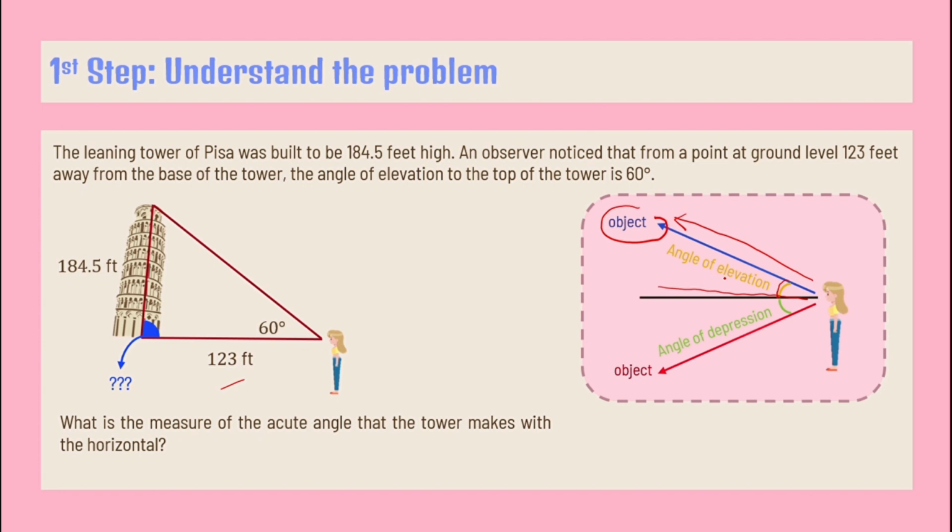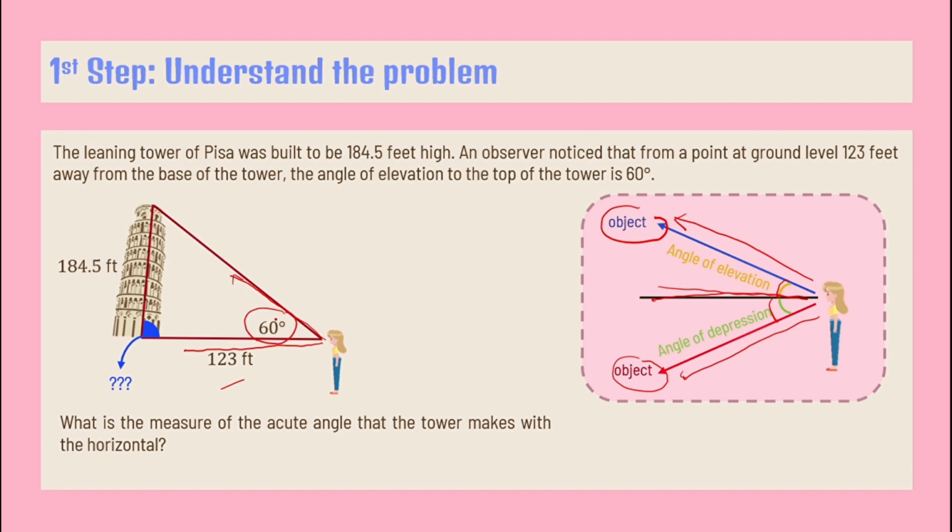But when the observer looks down to see the object, the angle formed by the line of sight and the horizontal line is called the angle of depression. So, the angle of elevation in this case is the angle formed by this horizontal line and the line of observer sight. So, here's the angle.